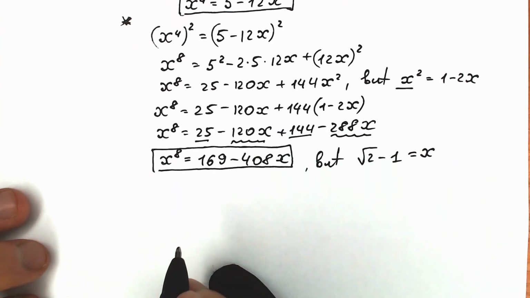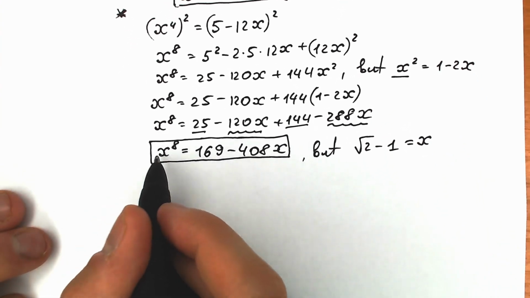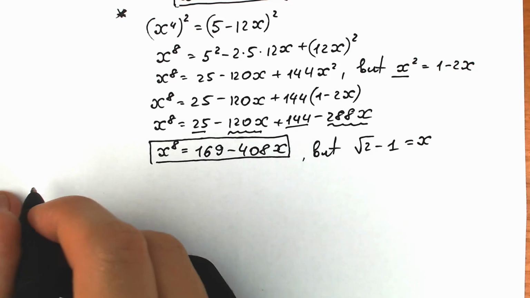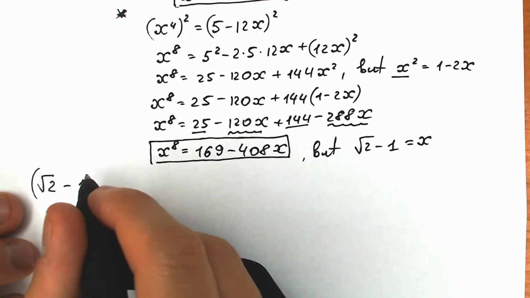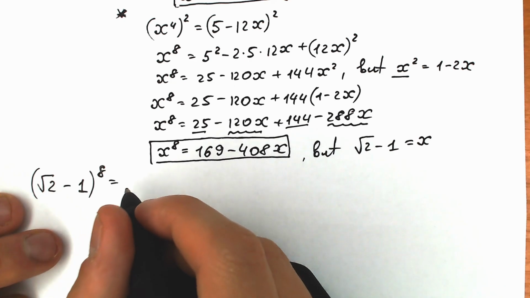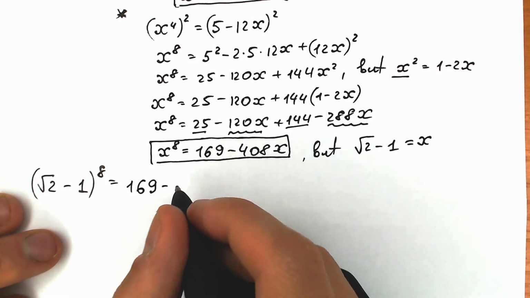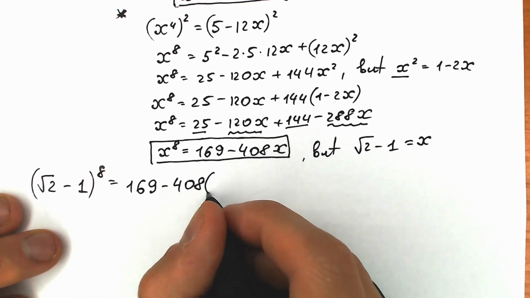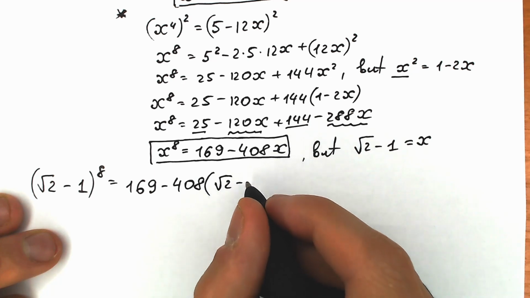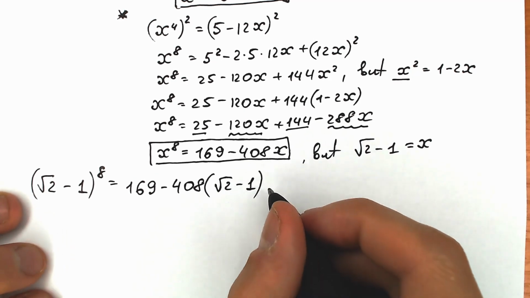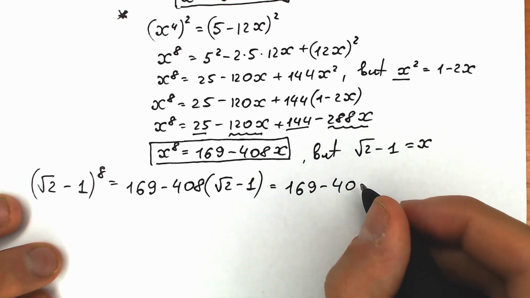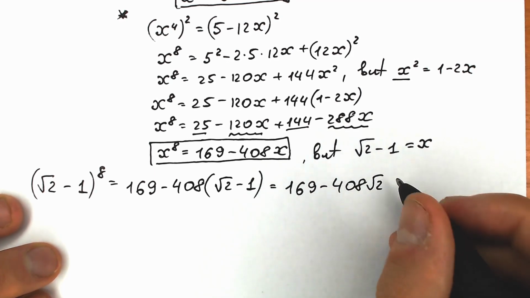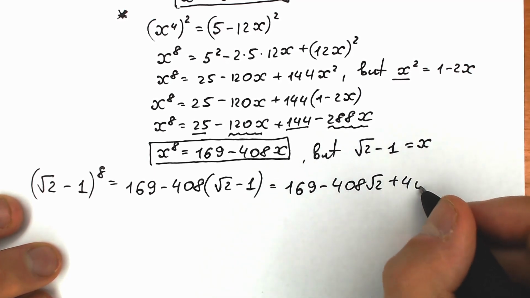This is exactly our answer, because instead of x, we plug in square root of 2 minus 1. So we have (square root of 2 minus 1) to the 8th power equal to 169 minus 408 times (square root of 2 minus 1), which is 169 minus 408 square root of 2 plus 408.